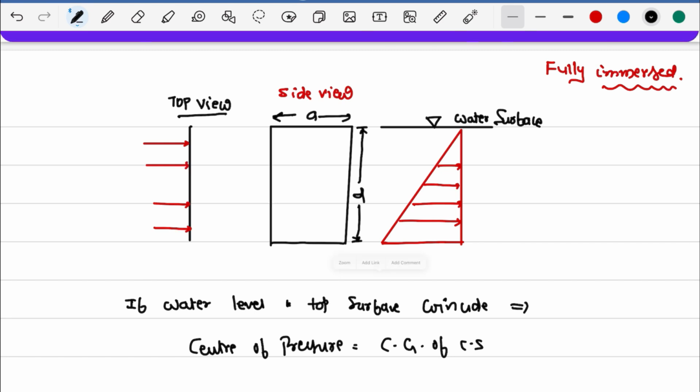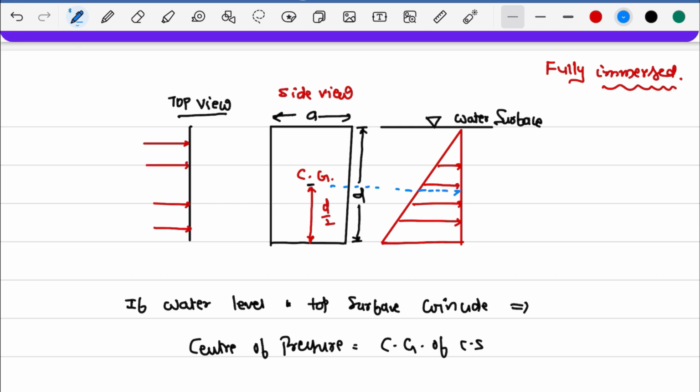Where is the center of gravity of this section? The center of gravity is at a height of d/2. This is the center of gravity. The total force will be acting at this point, the center of gravity. Then the pressure at the center of gravity is to be found out.